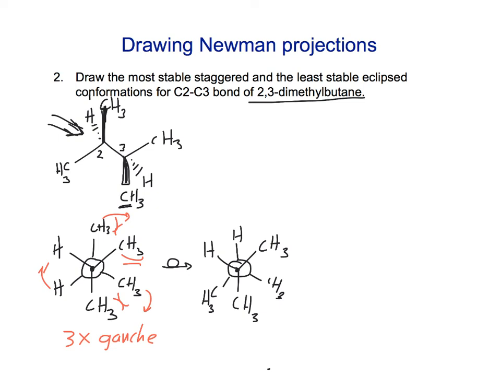Now how many gauche interactions do we have? We have one here, one here, and one here. Oh dang, it's the same. We're going to have to try this again then. Rotate one more time.